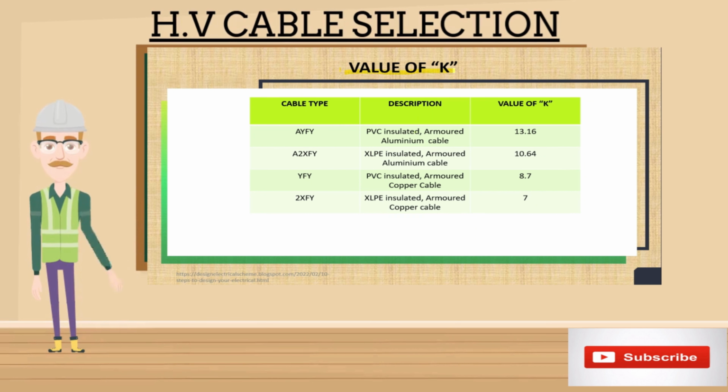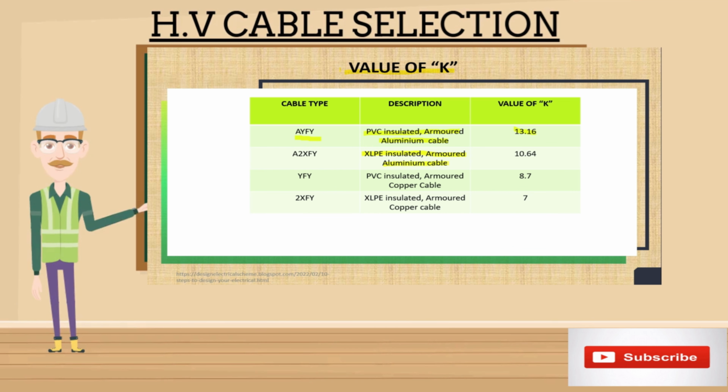As I mentioned before, there are 4 types of cables. And first one is AYFY, which is PVC insulated armored aluminum cable. The value of AYFY cable is 13.16. Next type is A2XFY cable, which is XLPE insulated armored aluminum cable.